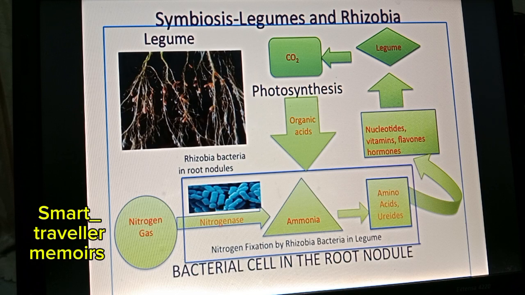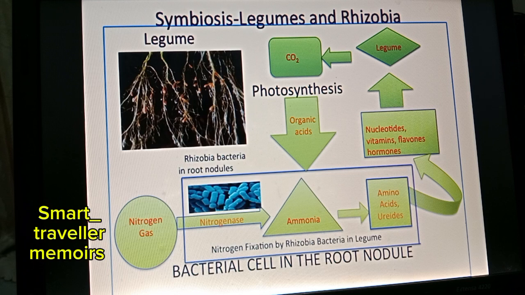So there is another diagram there, symbiosis. So the relationship between the root nodules and the bacteria is known as symbiosis, and the beans are known as legumes. So symbiotic relationship between legumes and Rhizobia. And you can see this diagram there.